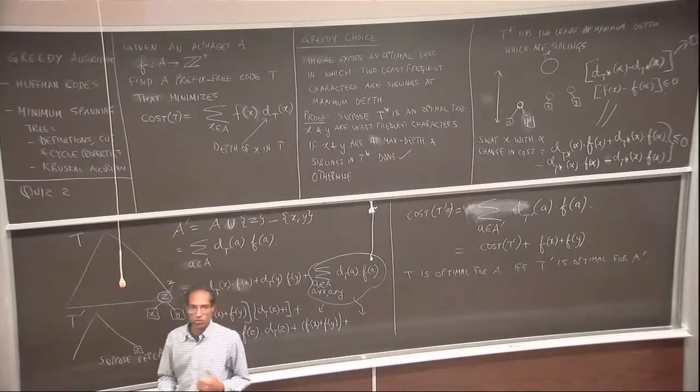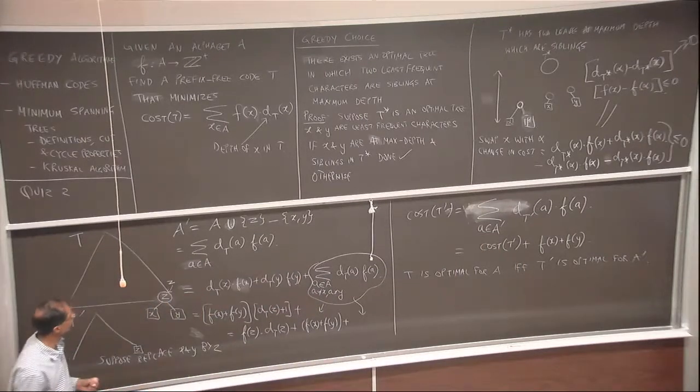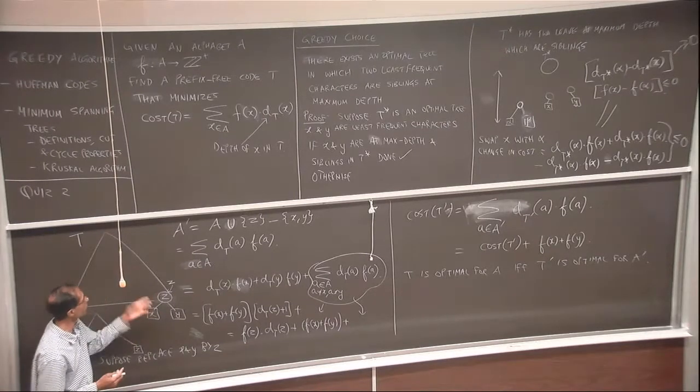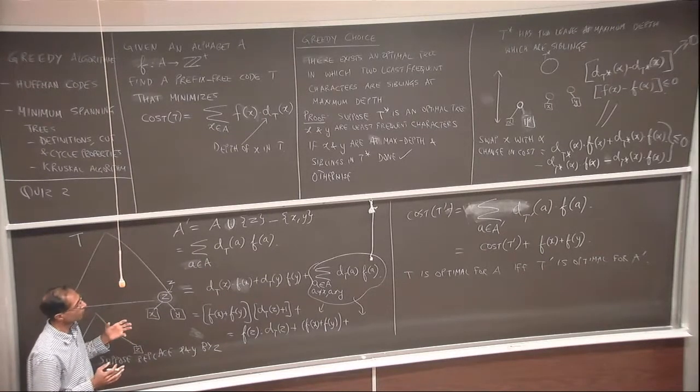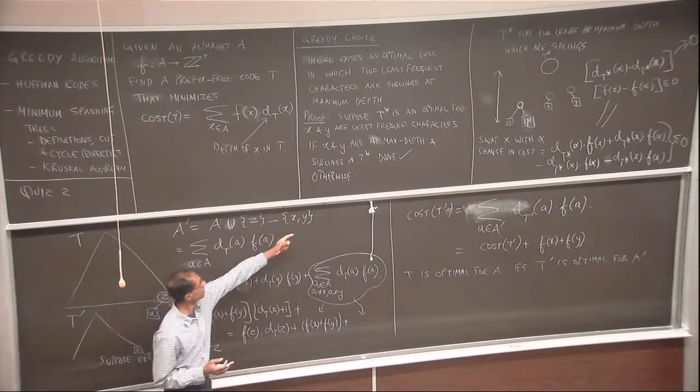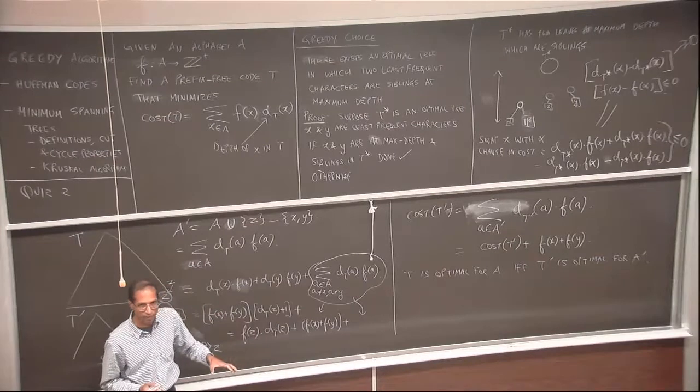Okay. So once we identify this piece, we can now reduce our problem by saying, I'm going to form a new problem by replacing x and y by z and solve for that.